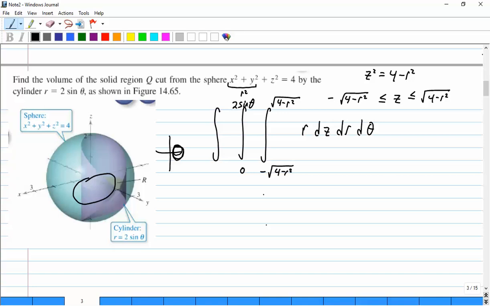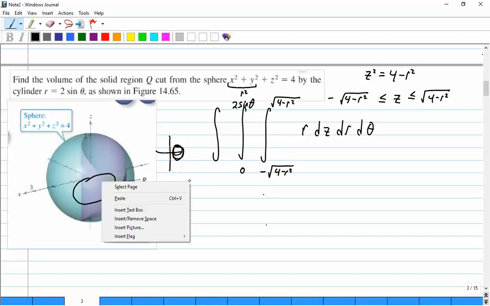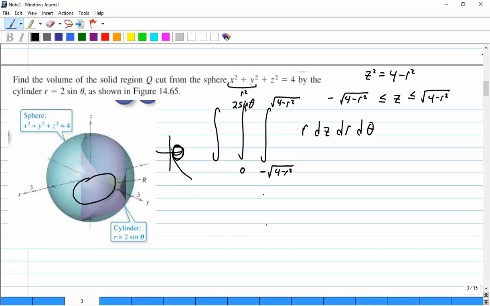The easiest thing to do, since theta is the angle measure, like from this angle to this angle, would be to use symmetry.